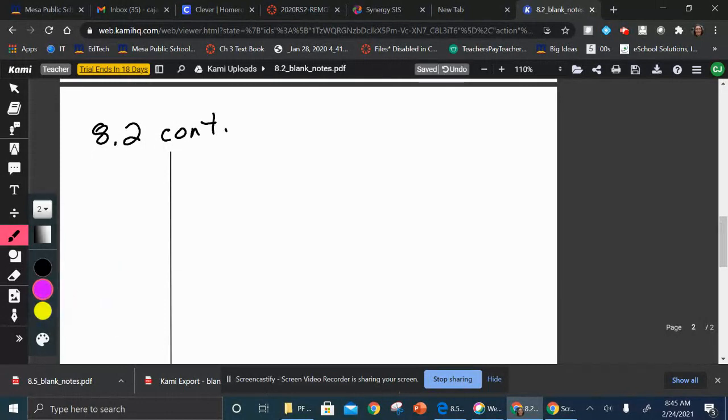For air conditioning units, they use British thermal units, so BTUs.